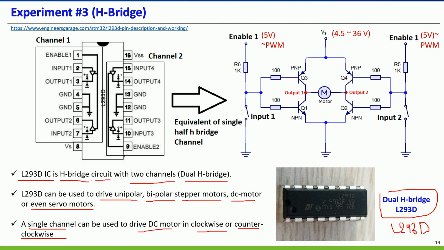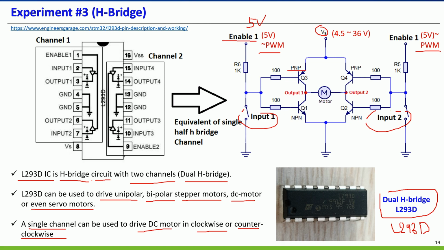This one is analogous to input 1, switch 1, and this one input 2, switch 2. And this enable is the pulse width modulation signal, which typically uses 5-volt voltage, and this one is the source of motor voltage.